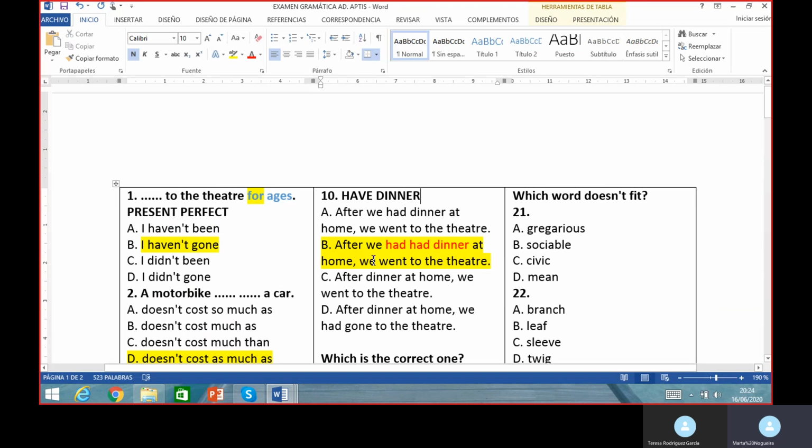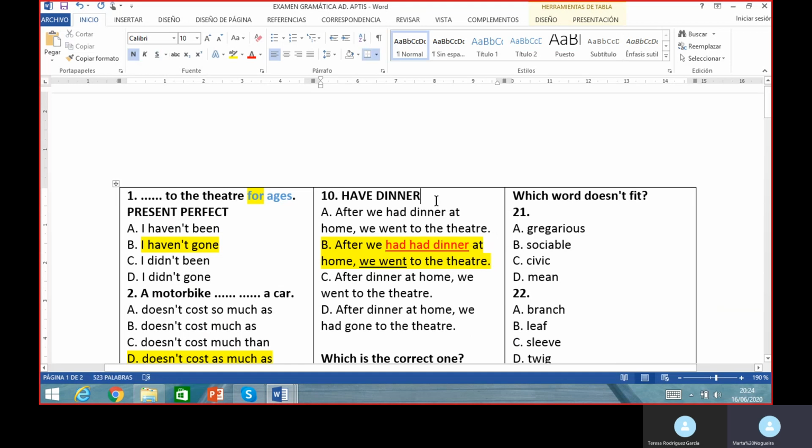Dijimos que el pasado simple, ahí tenemos went, se suele contrastar con el pasado perfecto. Entonces queremos tener el pasado perfecto de este verbo. ¿Qué pasa? Que yo ya en el verbo tengo el have, porque es un phrasal verb. En verdad, have lunch, have breakfast, have dinner, es un phrasal verb. ¿Cómo hago el pasado perfecto?